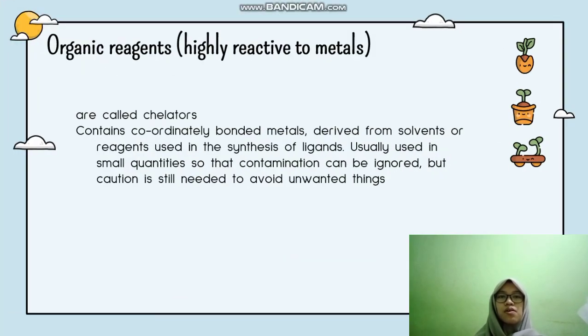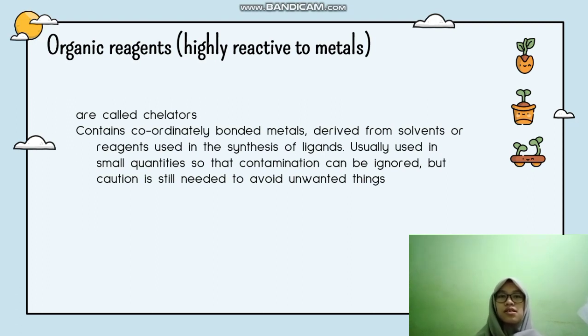Then 3. Organic reagents, highly reactive to metals, are called chelators. They contain coordinately bonded metals derived from the solvent or reagent used in the synthesis of the ligand, and are usually used in small quantities so that contamination can be ignored.